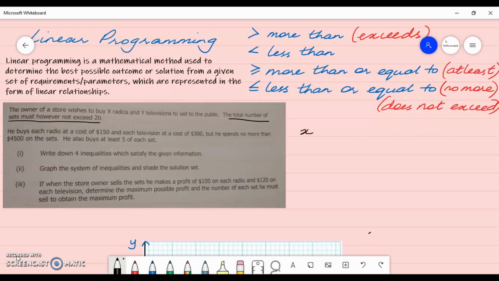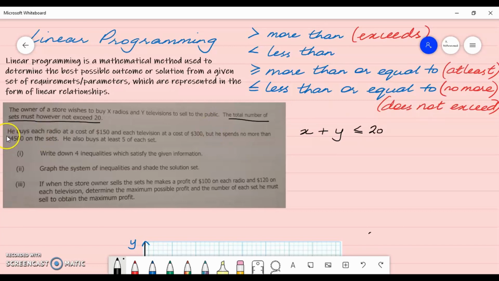X representing the number of radios and Y representing the number of television sets. These two put together, meaning the total number of sets, must not exceed, so it has to be less than or equal to. Remember, the words less than or equal to can also take the form of does not exceed. So we have less than or equal to 20. And that's our first inequality.